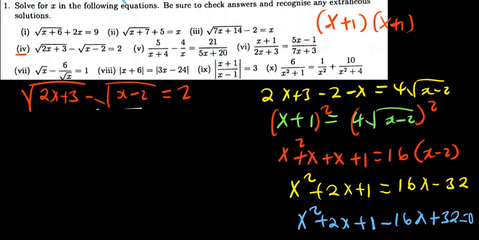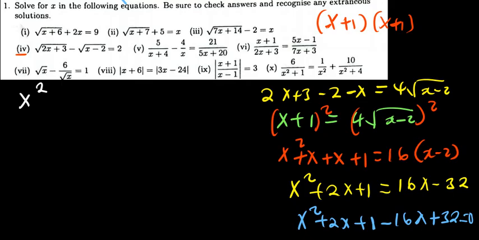Now I can clearly see here that x squared is alone. So now I'm remaining with 2x minus 16x. That is going to give me negative 14x. So I have got again 1 plus 32, which is giving me 33, should be equal to 0.